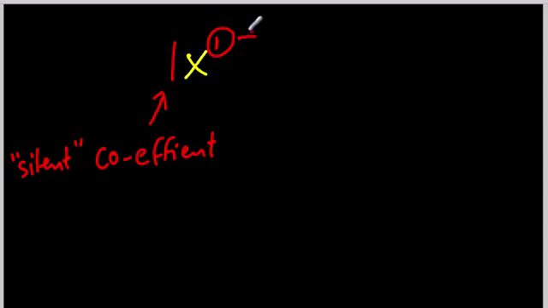Even though we don't have to write 1x, you should know that this is a silent coefficient. I'm just going to write maybe silent in quotation marks. This is not a proper definition, but you should know that if you just have x, you have a silent coefficient. Also, when we have x, we have a silent coefficient of 1, and we don't have to write that 1, but we should know that there is an exponent too.